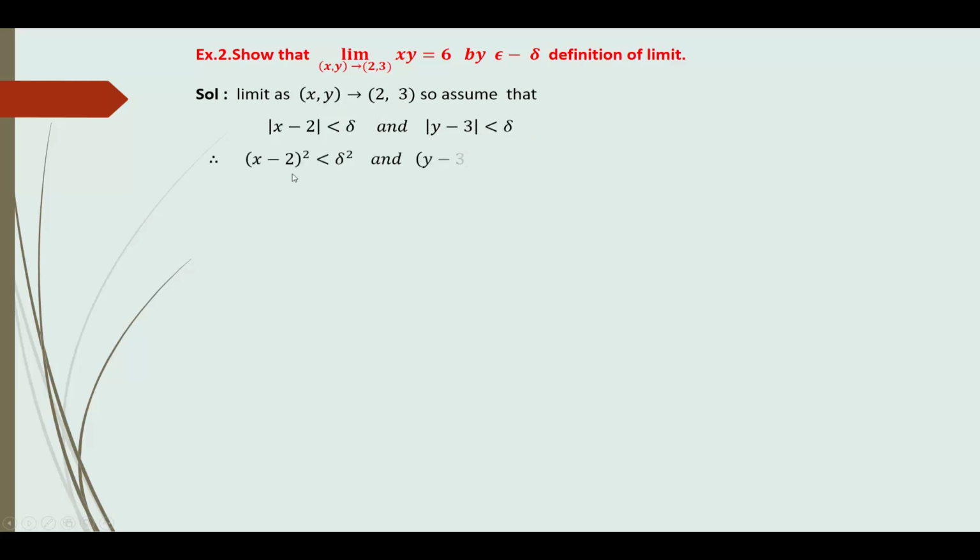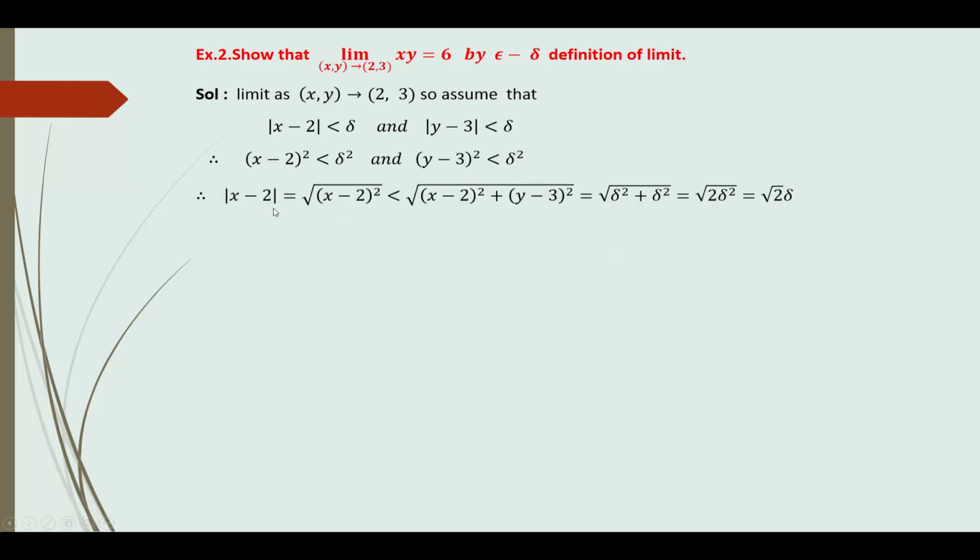Squaring both sides, we get (x minus 2) square less than delta square and (y minus 3) square less than delta square. Therefore, write down modulus of x minus 2 equal to square root of (x minus 2) square, which is less than square root of (x minus 2) square plus (y minus 3) square, because this square root contains two terms and here this square root contains a single term.